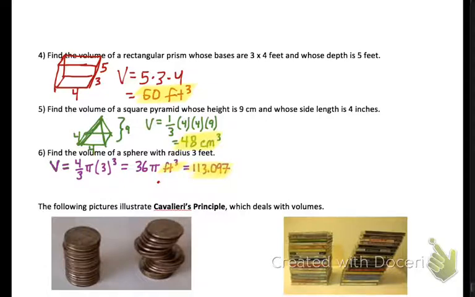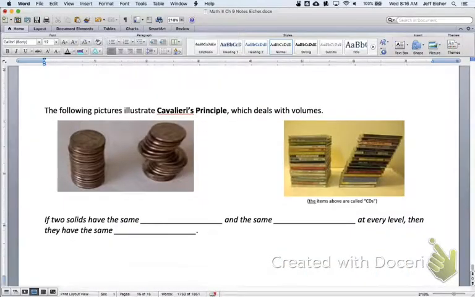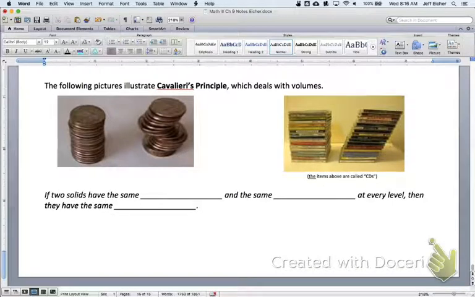The last topic we'll look at is what's known as Cavalieri's principle, which deals with volumes. I'd like you to chat with your neighbor to see if you could figure out, based on these pictures that I've given you, what is Cavalieri's principle telling us?